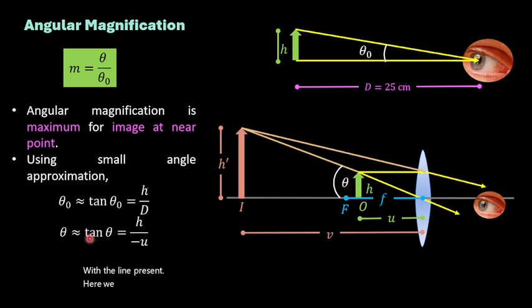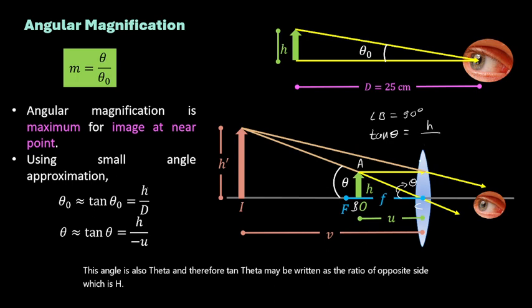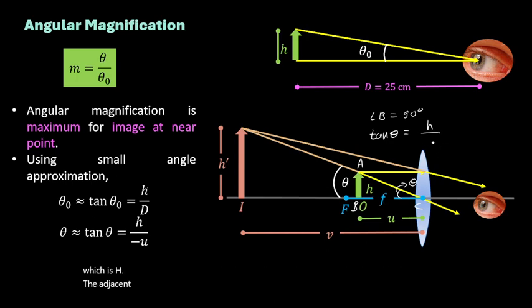Here we can write theta approximately equal to tan theta, and we apply tan theta to this triangle A, B and C. In this triangle ABC, angle B is 90 degrees, and therefore this angle is also theta, and tan theta may be written as the ratio of the opposite side, which is h, upon the adjacent side, which is u.